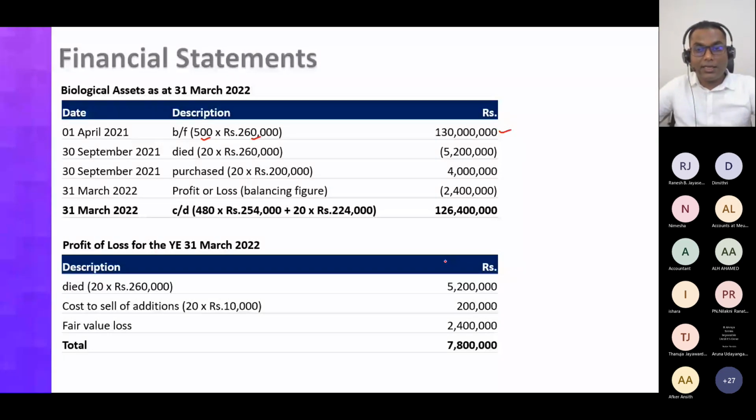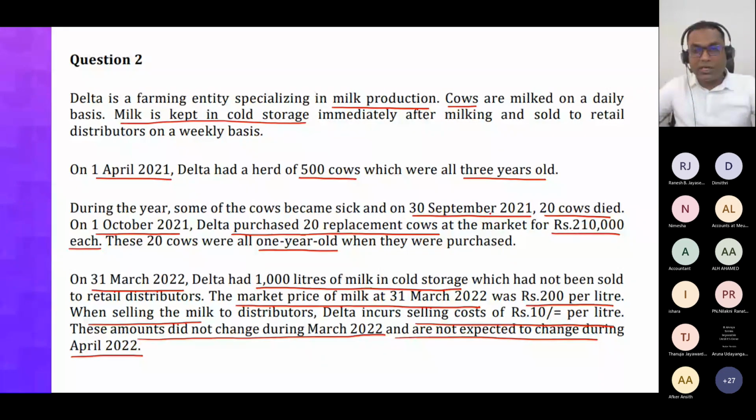20 cows died, right? Here, 30th September 2021, out of these 500 cows, 20 cows died. Now, what do you do? You have to derecognize. Out of these 500, 20 you need to derecognize. So, what is the value that we have kept for 500 cows on 1st April 2021? 130 million.